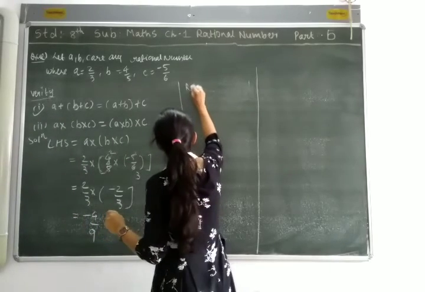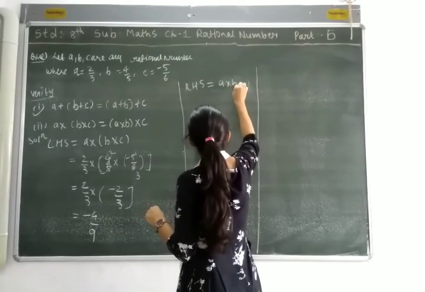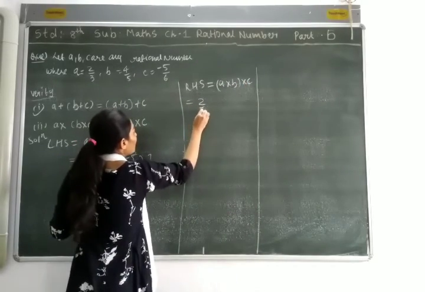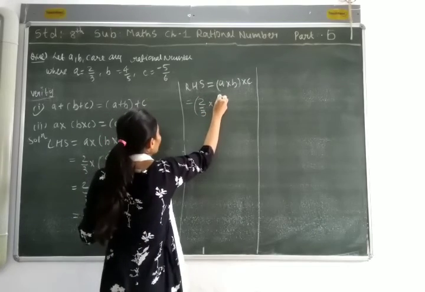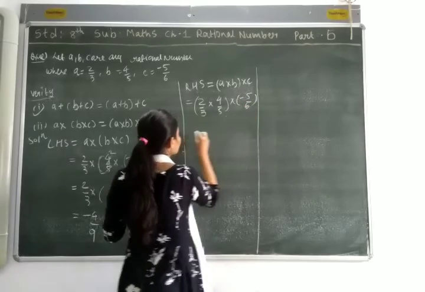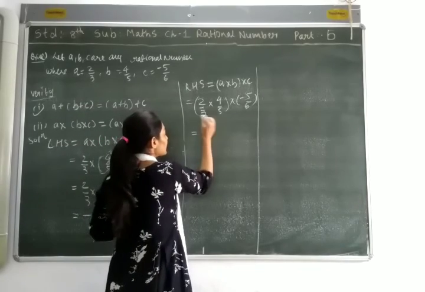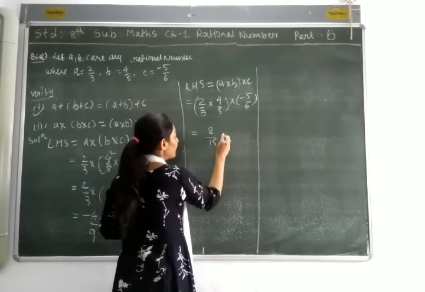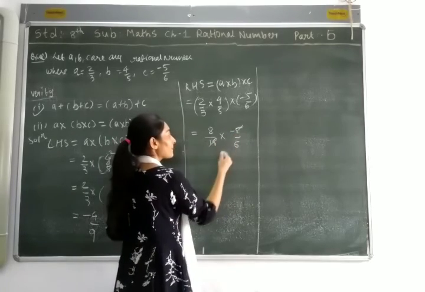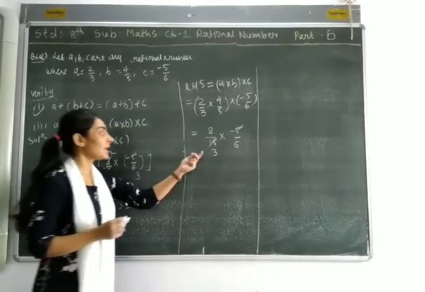Now take the right hand side part. The right hand side part is a into b into c. Now put in these values: 2 by 3 into 4 by 5 into minus 5 by 6. Nothing is common, so just 8 by 15 into minus 5 by 6. 5 threes are 15, so 3 is left.